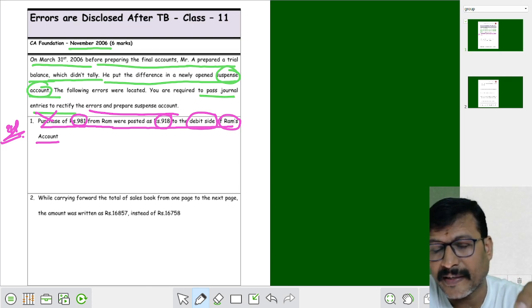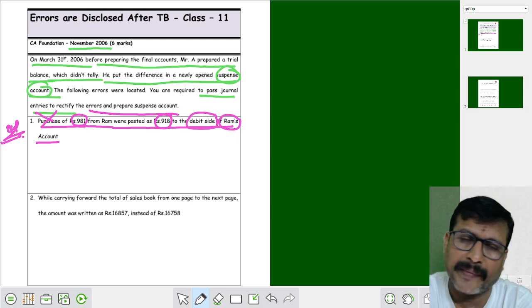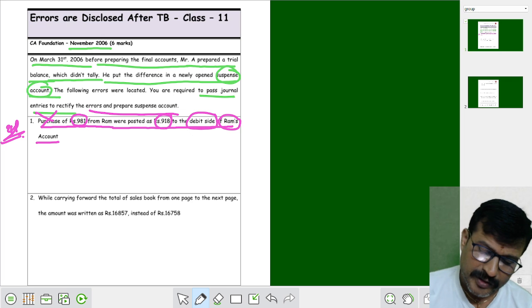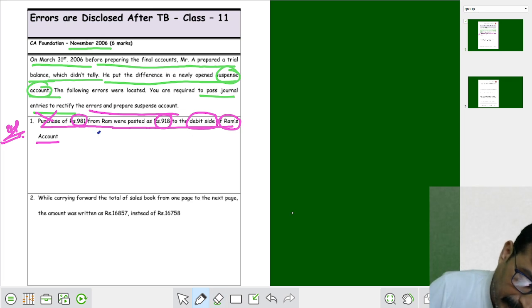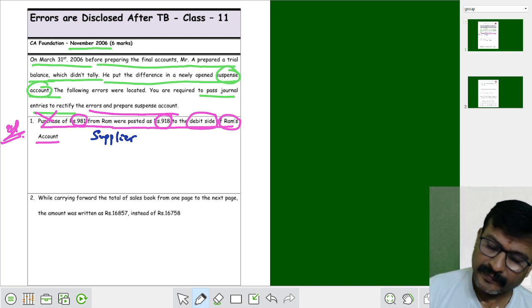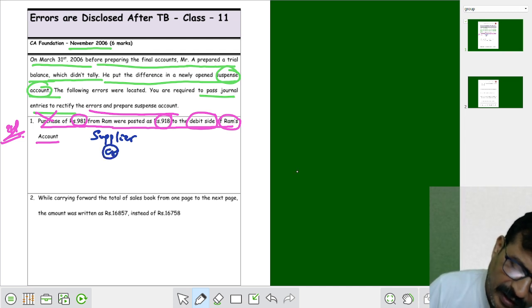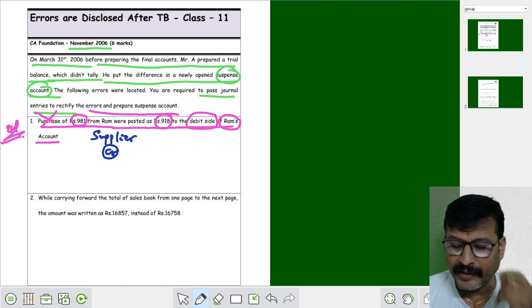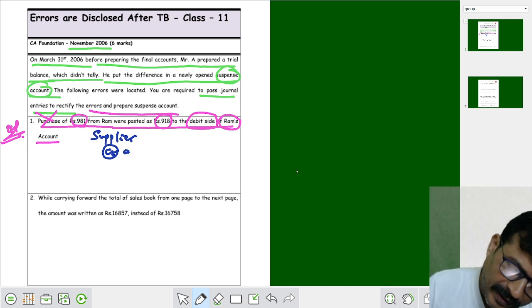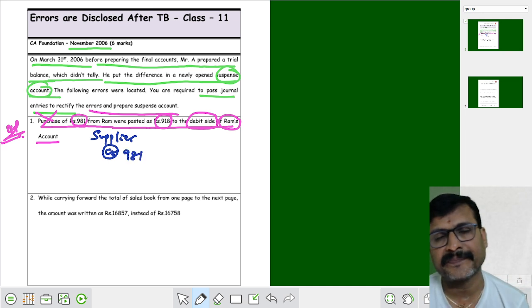Why did Sudhakar strike out the purchases? Because the entry mistake is not committed in purchases. When you purchased goods from Ram, who is Ram? Ram is your supplier. Supplier means creditor, and a creditor is to be credited with 981.